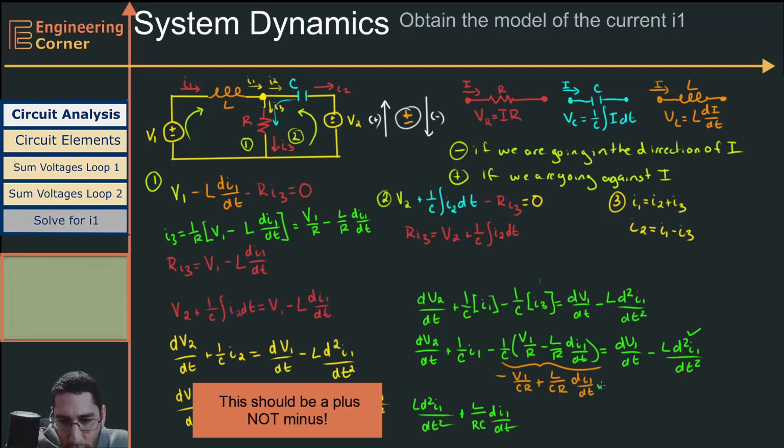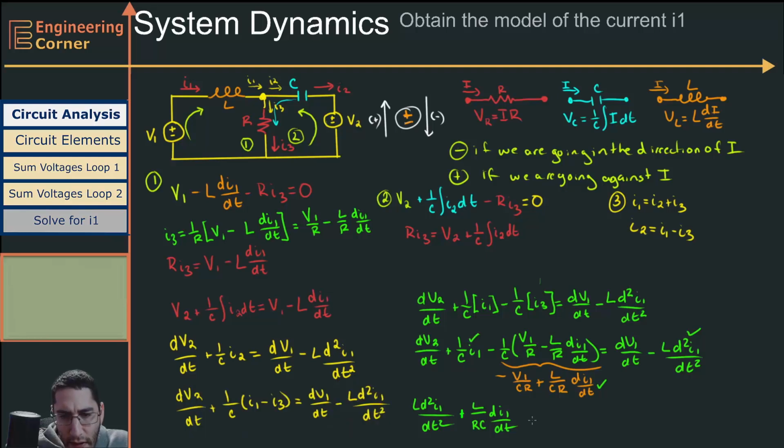So we have this one. And we have this guy right here, so we're going to have plus 1 over C I1. So here's all my I's.